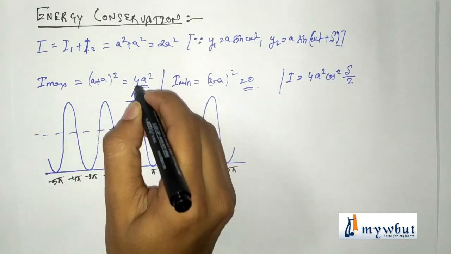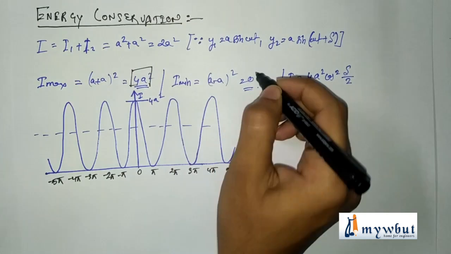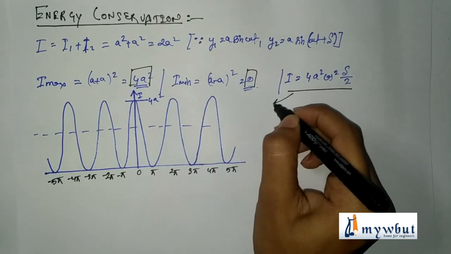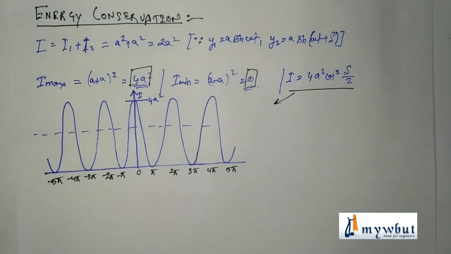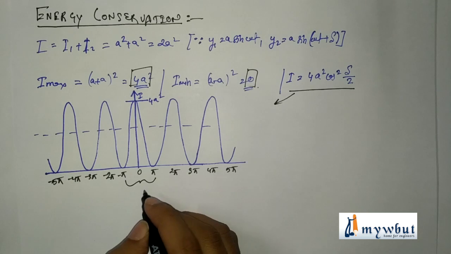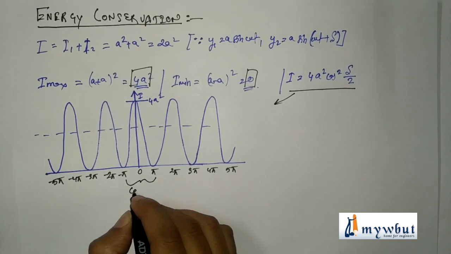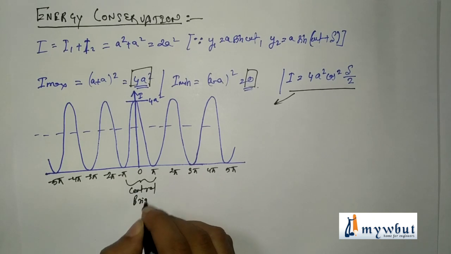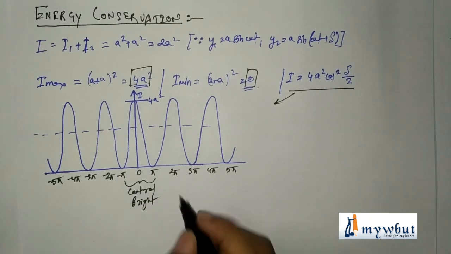So here we have I max value, here we have I min value, and here is the equation that guides this graph. So here this one, minus pi to pi, we have central bright fringe.